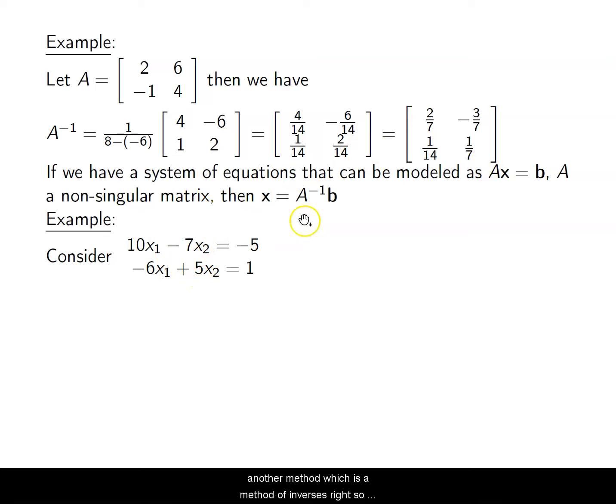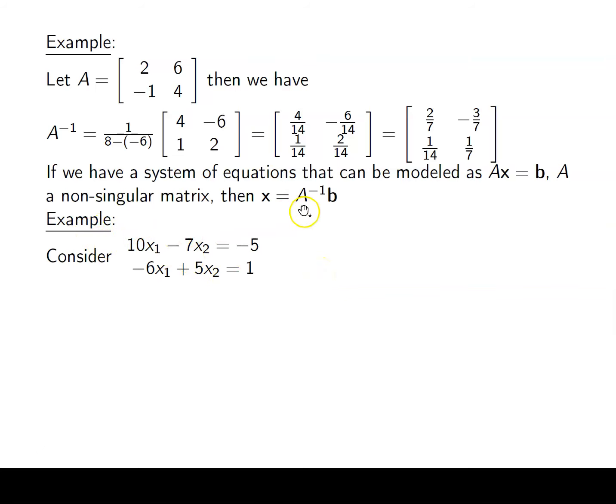And so now we're throwing another method, which is the method of inverses, right? So now that's 4 different ways you have for solving any system of equations. Well, especially if it's square, okay? If it's not square, you can't use the inverse, obviously. We're actually going to develop many more methods for solving these sort of systems as well, right?